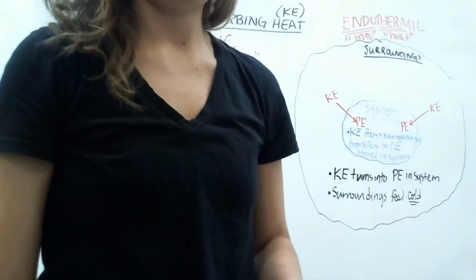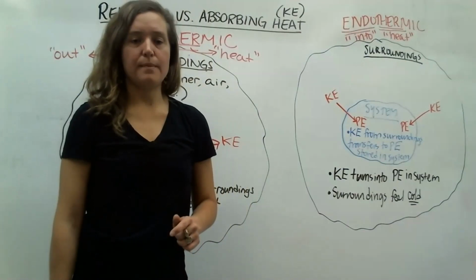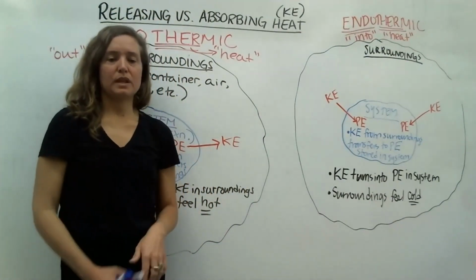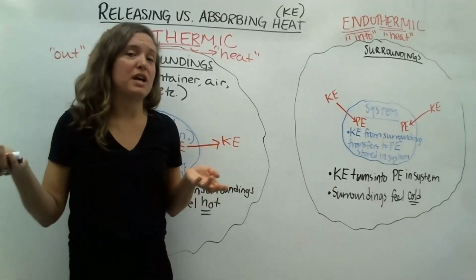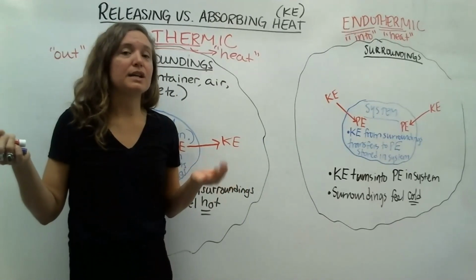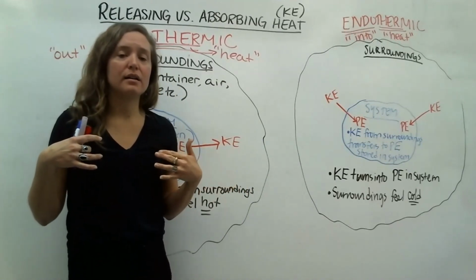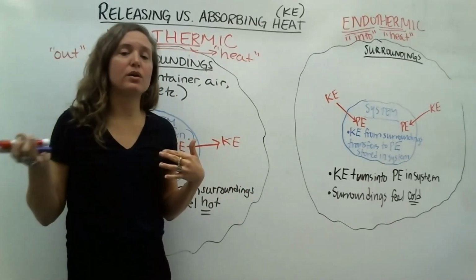Endo or exo. Yeah, exactly. So do you see why, and then on the reverse, for the water in the cold shower, is the water gaining kinetic energy or losing it? The water in a cold shower.